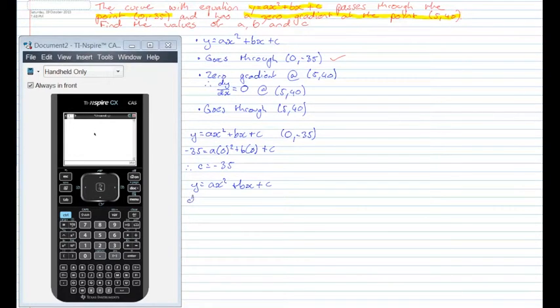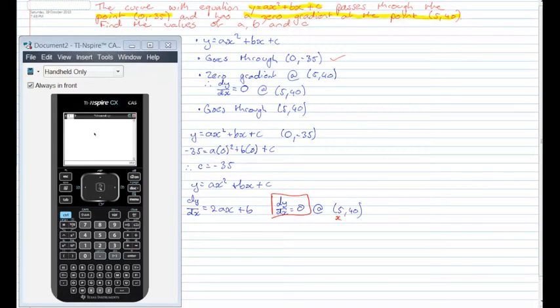So we're going to differentiate. dy/dx is equal to 2ax plus b. Now, we know that at the point (5, 40), the gradient is 0. So dy/dx equals 0 at (5, 40).